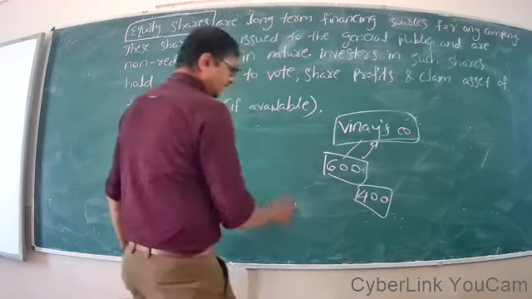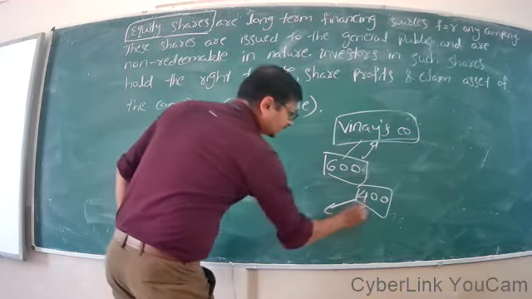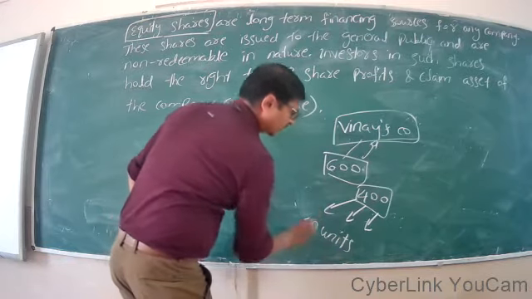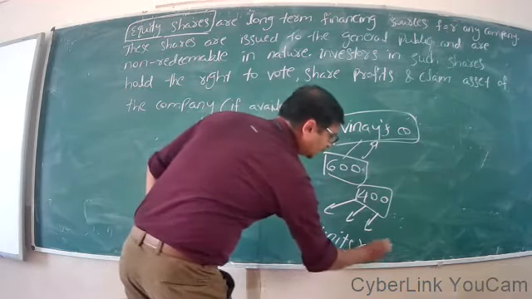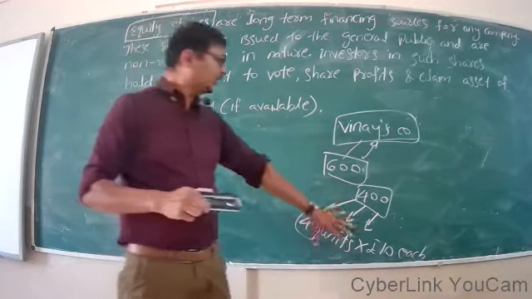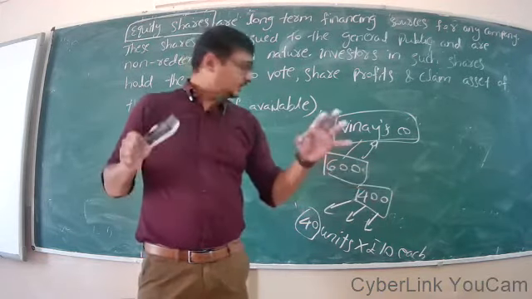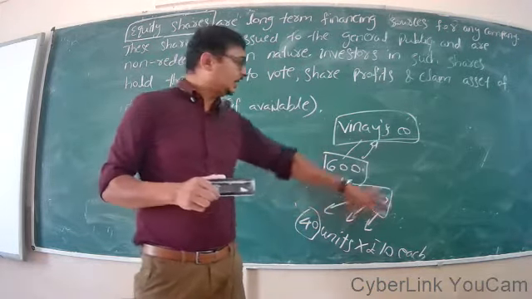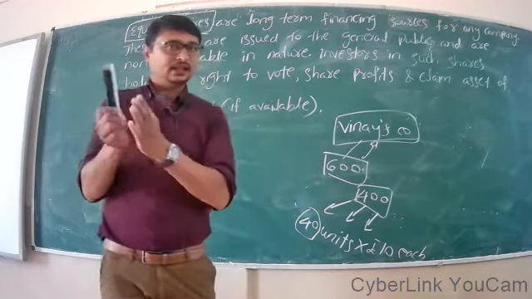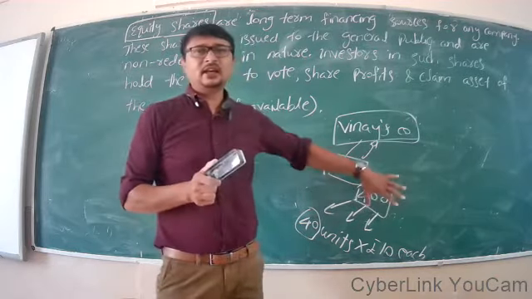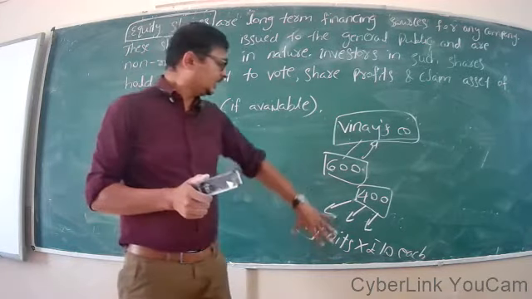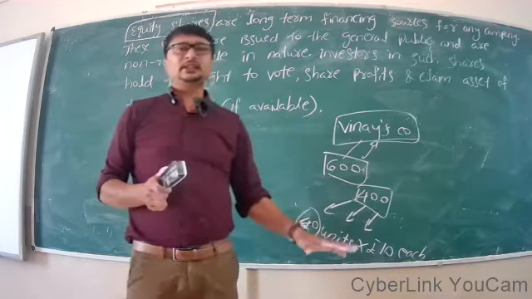If I segregate this 400 into 40 units at rupees 10 each, each share of this company is worth 10 rupees. That means the entire 400, instead of borrowing from a single entity, I am dividing into 40 separate units, and I have priced these 40 units at rupees 10 each.